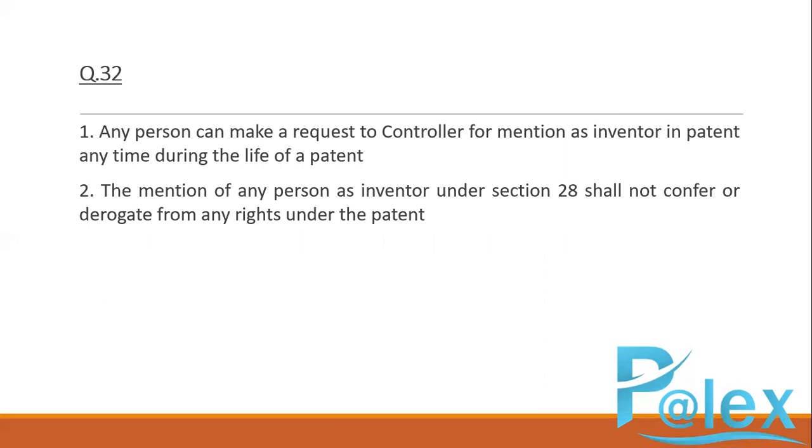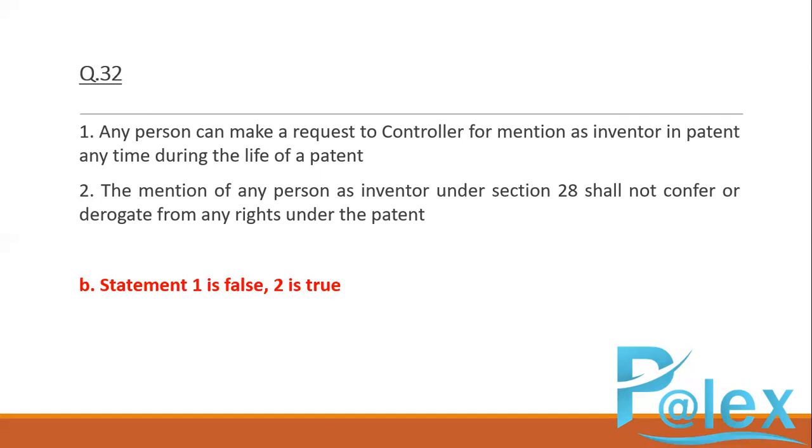Question 32. Any person can make a request to the controller for mention as inventor in a patent anytime during the life of a patent. The mention of any person as inventor under section 28 shall not confer or derogate from any rights under the patent. Now in this case, statement 1 is false, statement 2 is correct.